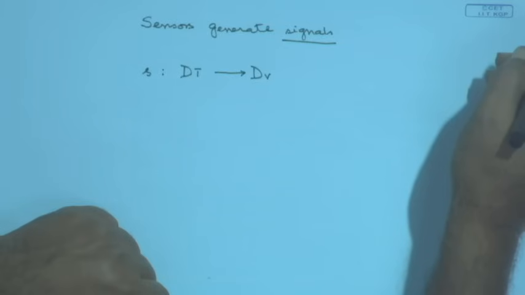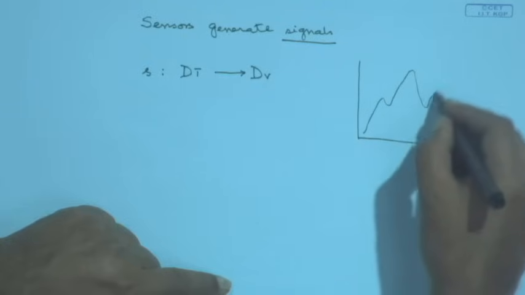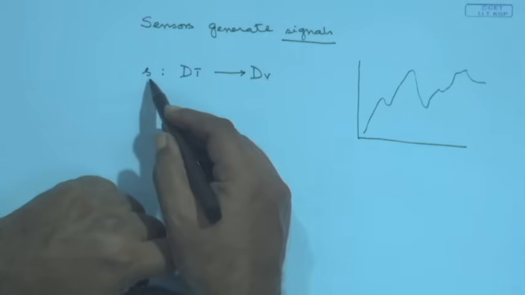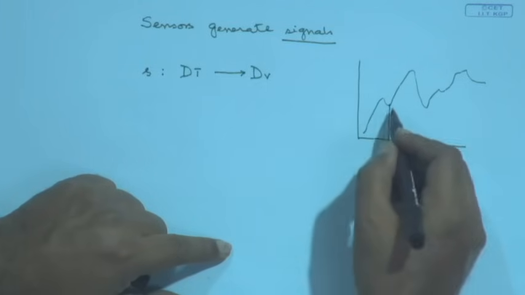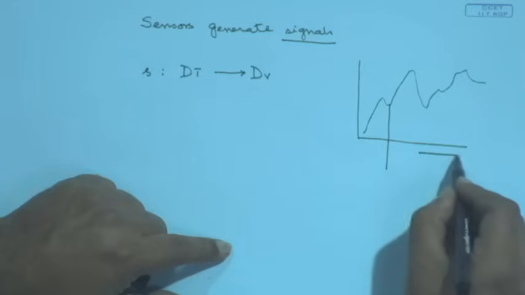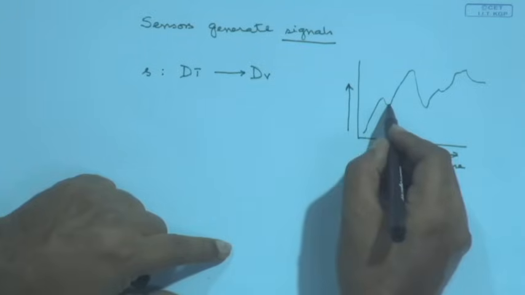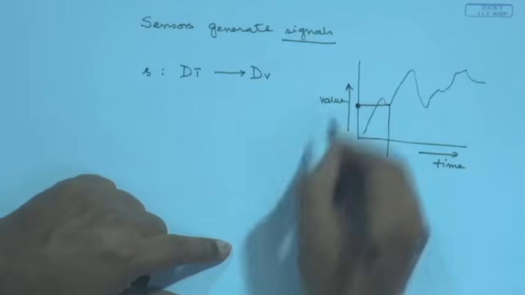Some physical process is going on like this, and my sensor is reading the signal. This is the time axis and this is the value axis. At any point of time I sense it and I get a value, right. That is what the signal does.